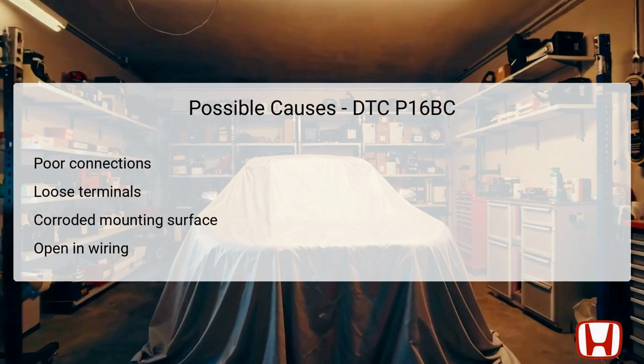Several factors could lead to the DTC P16BC being triggered in your Honda Accord. First, poor connections at the alternator 4P connector can cause insufficient voltage to be transmitted, leading to a failure in the circuit. Secondly, loose terminals can disrupt the proper function of electrical components, preventing the alternator from receiving the necessary power to operate effectively.